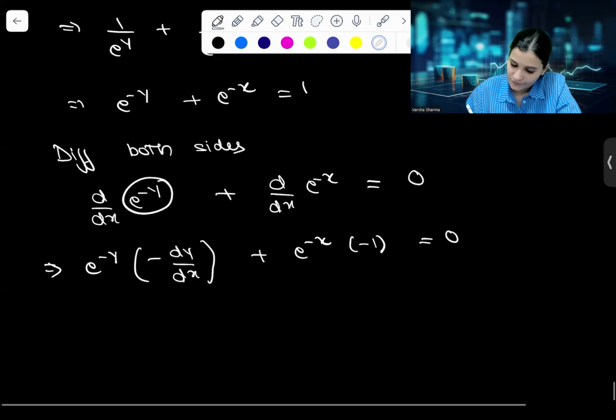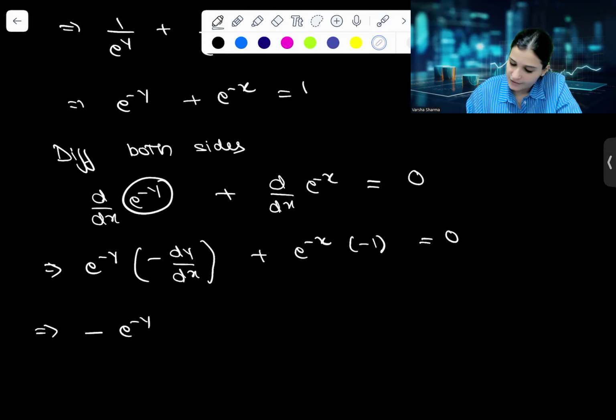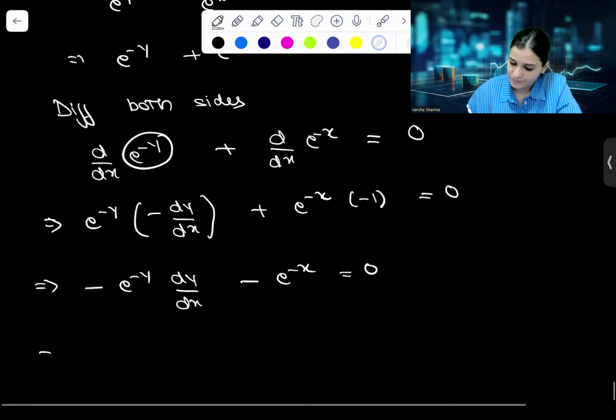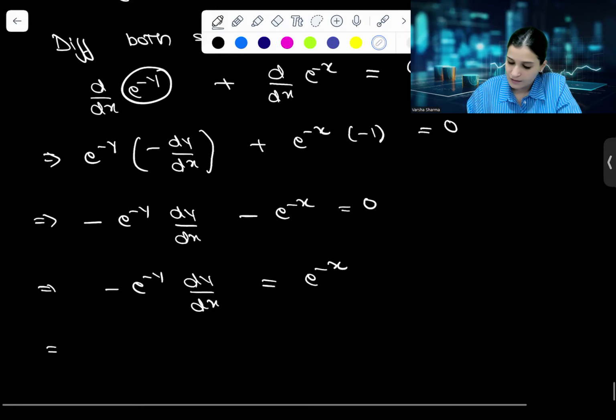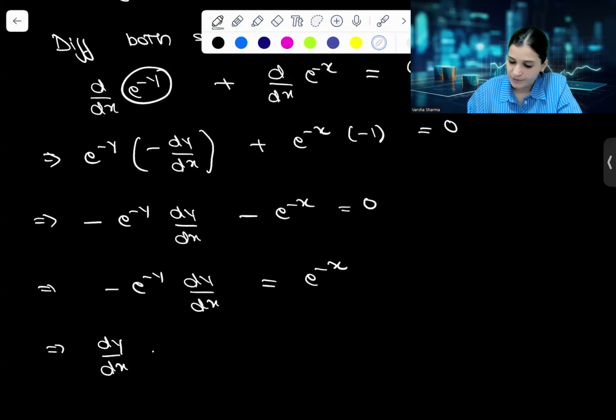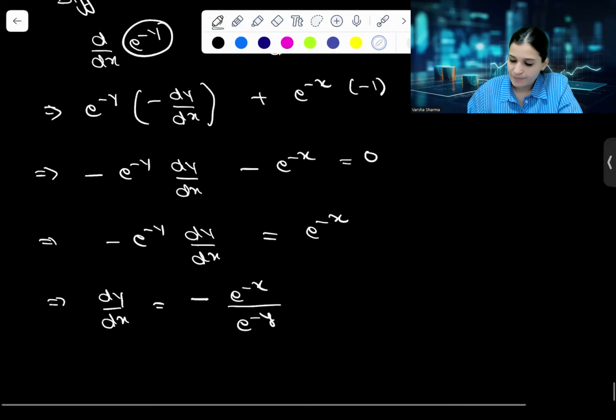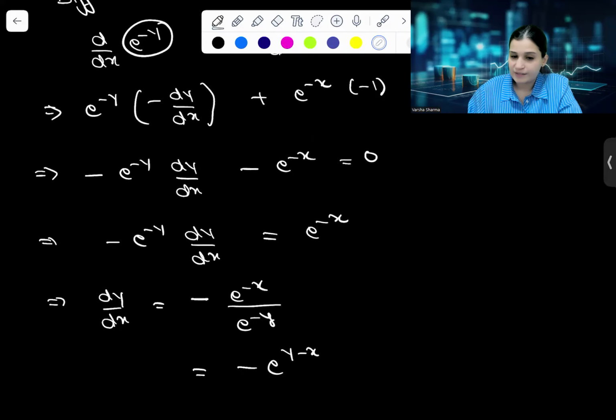So minus e power minus y dy by dx minus e power minus x equals 0, so minus e power minus y dy by dx equal e power minus x. So dy by dx will be minus, divide. Same base, multiply, power add. So e power y minus x. Clear? Yes, ma'am. Is it okay? Yes, ma'am.